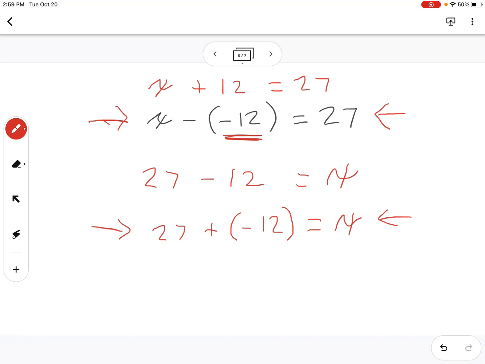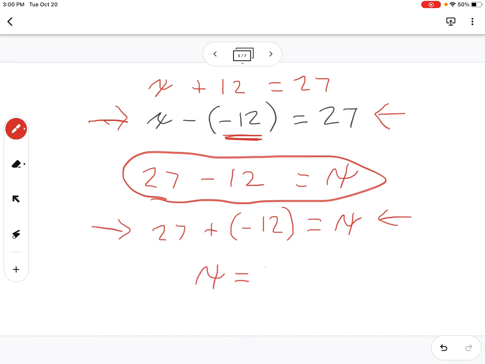We've written it in a couple different ways, and that should help us find it. In fact, this one right here gives us a simple subtraction problem, 27 minus 12, and that would be 15. 27 minus 10 is 17, 27 minus 12 is 15, so X equals 15.